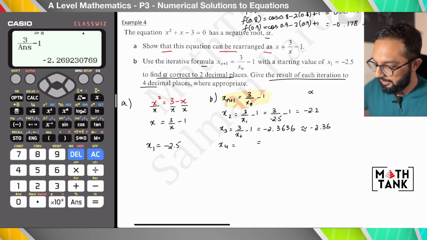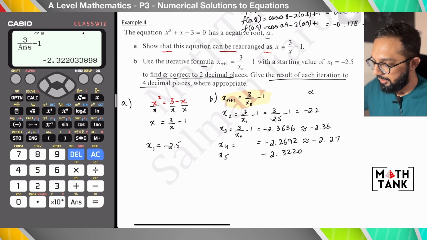I know that I need to write all the iterations correct to 4 decimal places, so I'm going to round that off and tell you that this is minus 2.2727. I'm going to press another equals and see where this goes. x5 is minus 2.3220. Now you must be thinking, where do I stop?